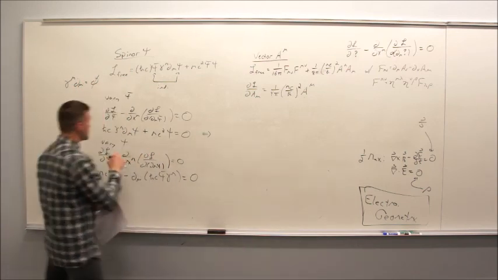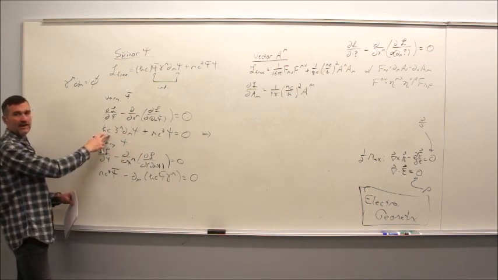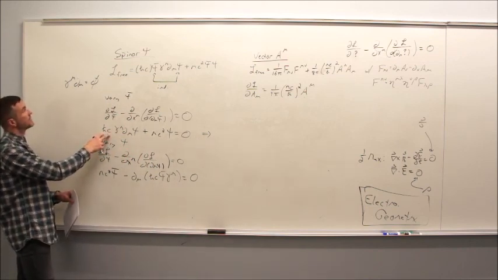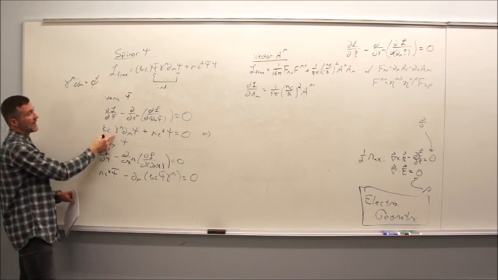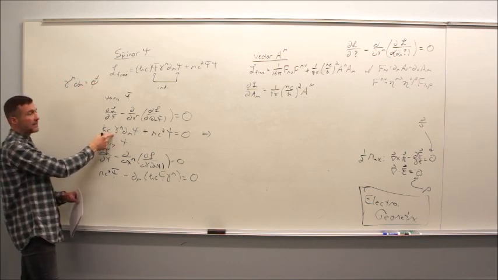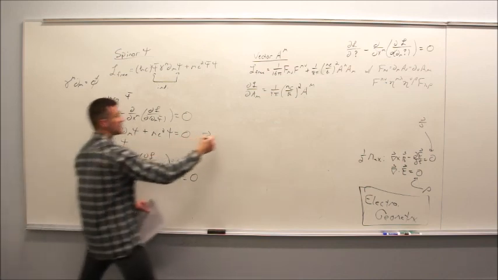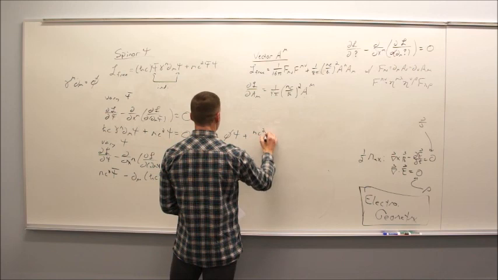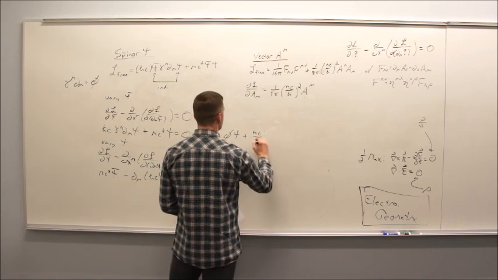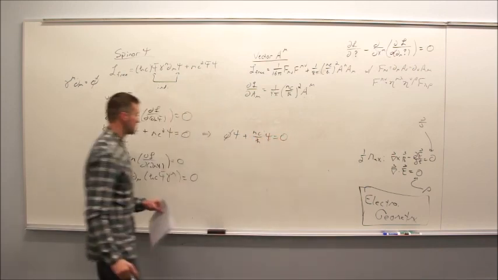So I can rewrite this equation if I divide both sides by h bar c. That's a d slash. If I divide through by h bar c, then I've got d slash psi plus mc over h bar psi equals 0.